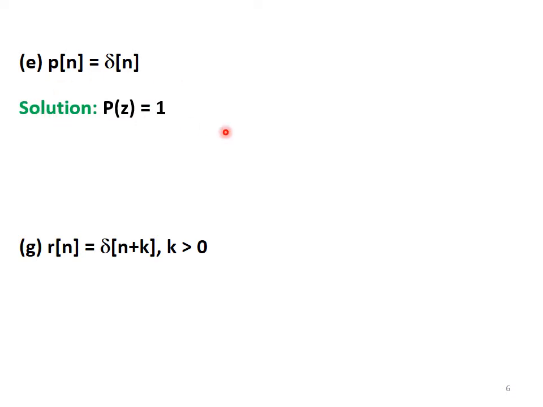So we can write down the Z transform of P of n as P of z equal to 1, and this sequence is converging for all values of z, right? Because it doesn't depend upon z. So the region of convergence for this series is the entire z plane.